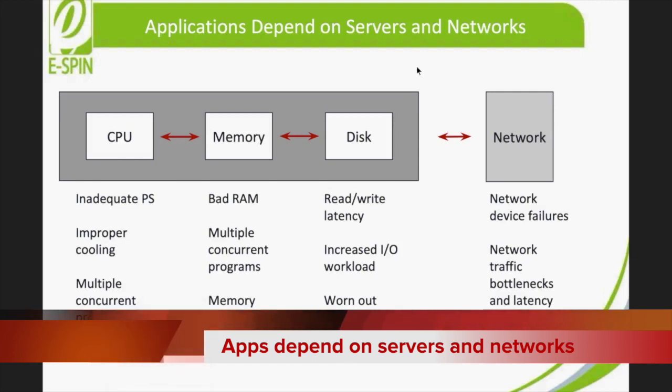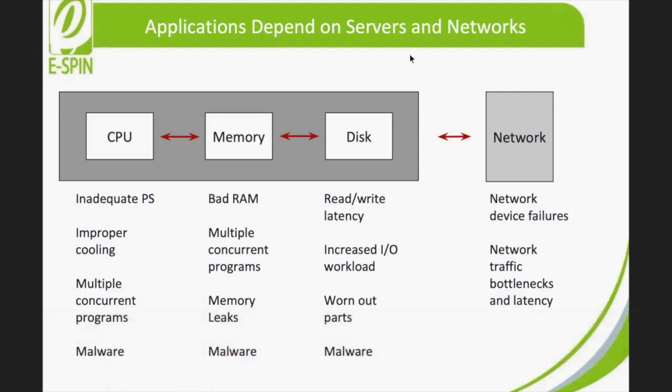More specifically, applications also depend on the server and network, definitely, because we're talking about the hardware portion. This part is the hardware. Then we talk about the CPU, memory, and disk. They have read-write latency. Bad memory, of course, will cause problems. Memory rate gets worse, right?